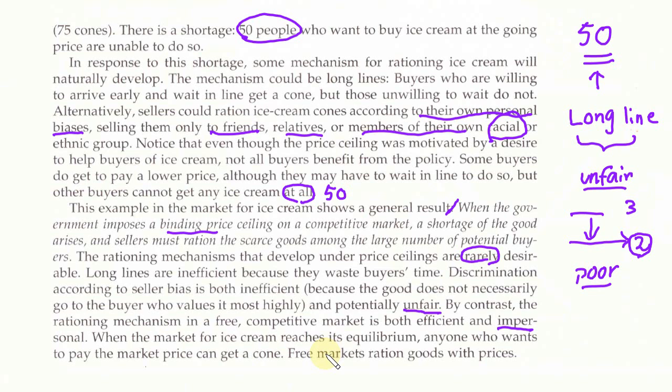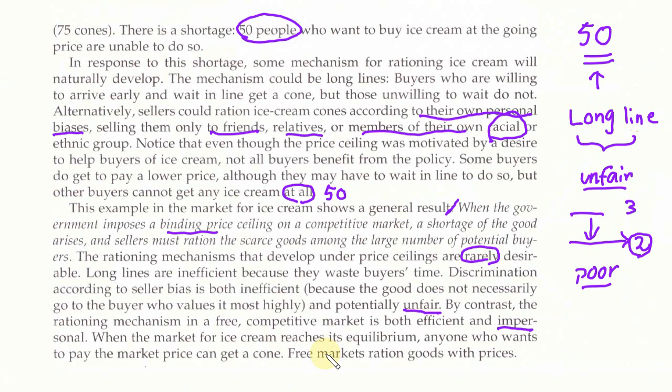But if you ignore that, if I just focus on the price, there might be some benefit to quite limited buyers. Okay. The second consequence, which was not expected, is that obviously, as much as the shortage, in this case 50 people cannot buy ice cream at all.